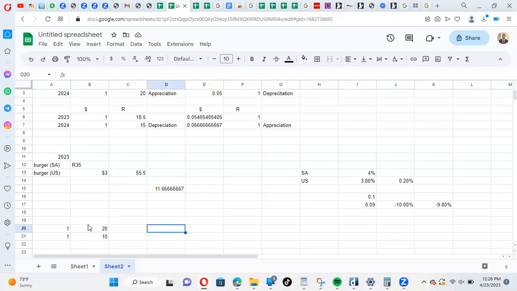let's say you are importing something that is worth $1,000, and you have a regular job in the country there. So how many things could you buy initially? You could buy 1,000 divided by, initially it was back in 2010, 10 rand, which means you could buy 100 items with the given rate.